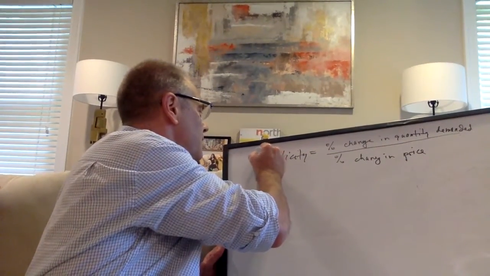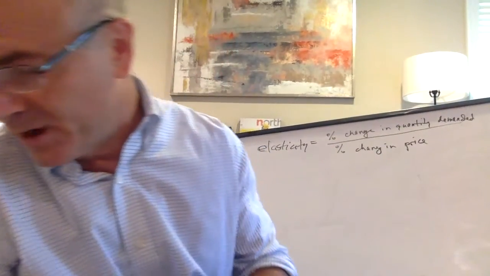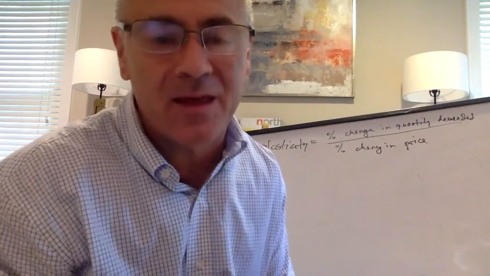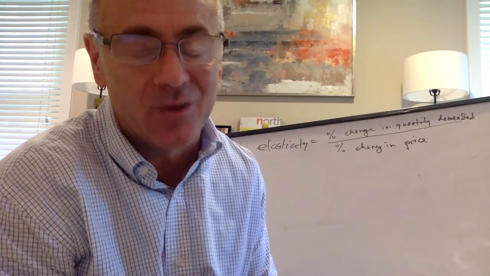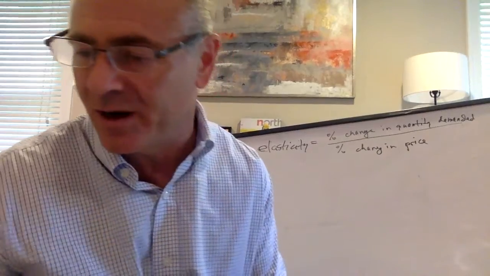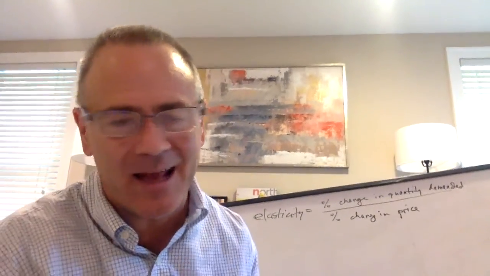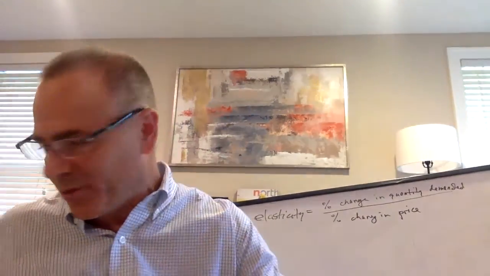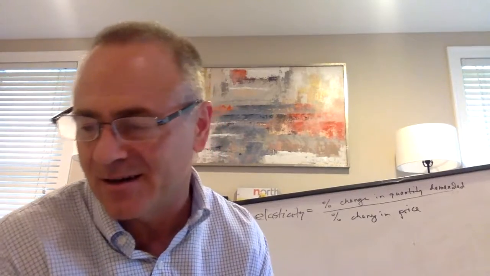You've got to memorize that. Memorize this formula. And the key thing, remember, quantity is in the numerator. Usually with elasticity, we're trying to predict quantity, so that helps me remember that quantity is in the numerator. I'm not sure it will help other people. I think the key is you just have to remember quantity is in the numerator, price is in the denominator.